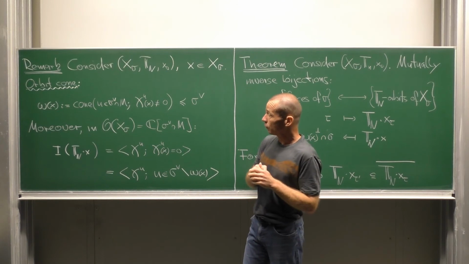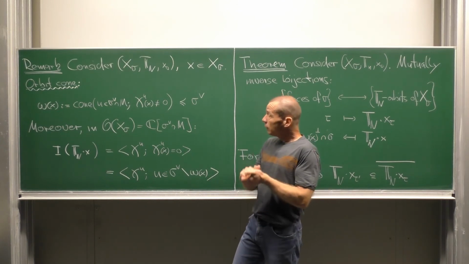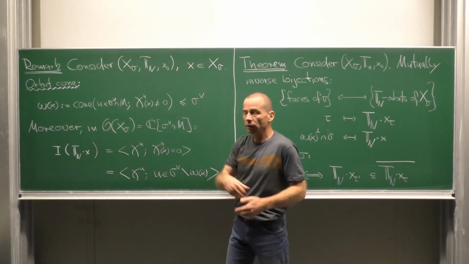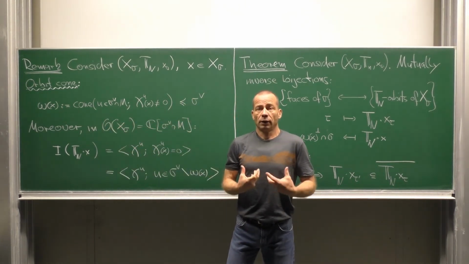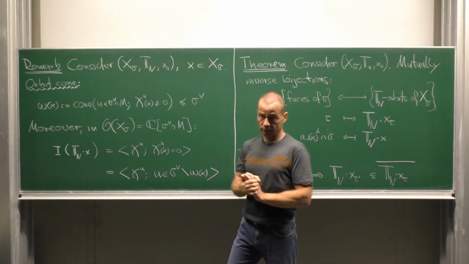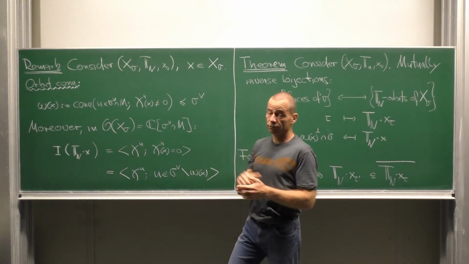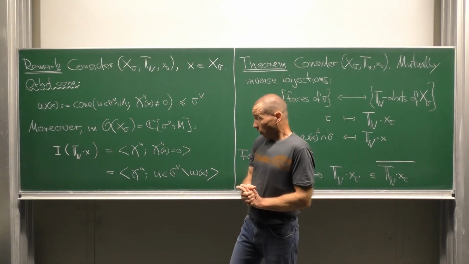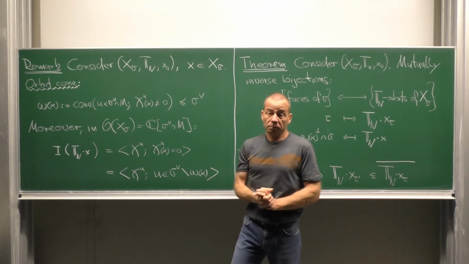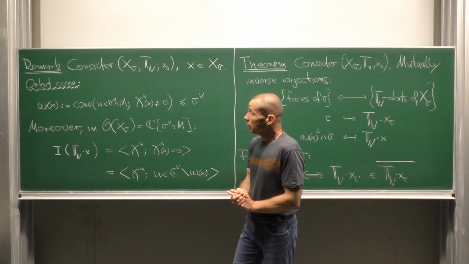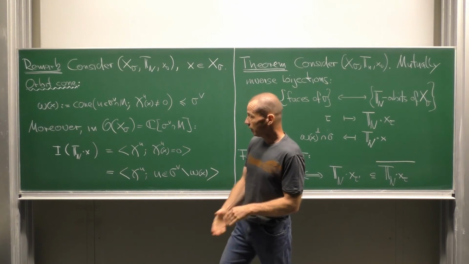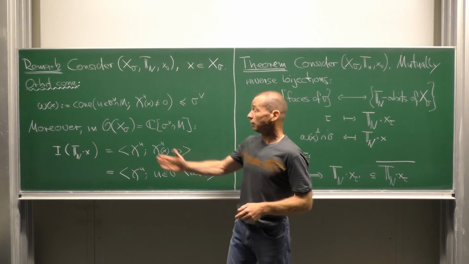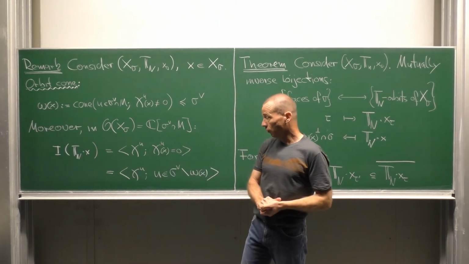Then the orbit cone of this point is the cone generated by all u such that the corresponding character function has a non-zero value at x. This turns out to be a face of the dual cone of sigma.